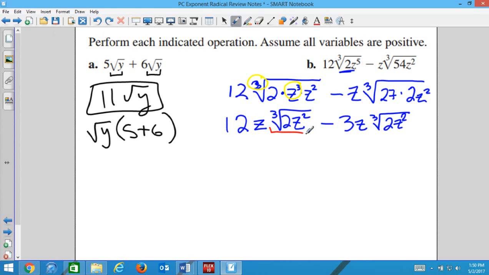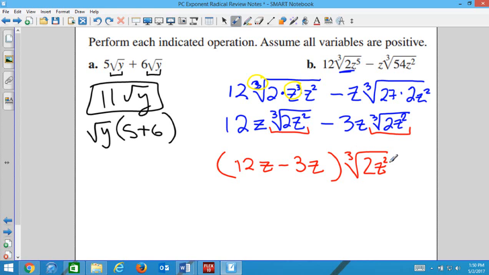We simplify it and we have the exact same radical. So if we're factoring out that radical, we're subtracting 12z minus 3z with a cube root 2z squared. So we have 9z cube root 2z squared.